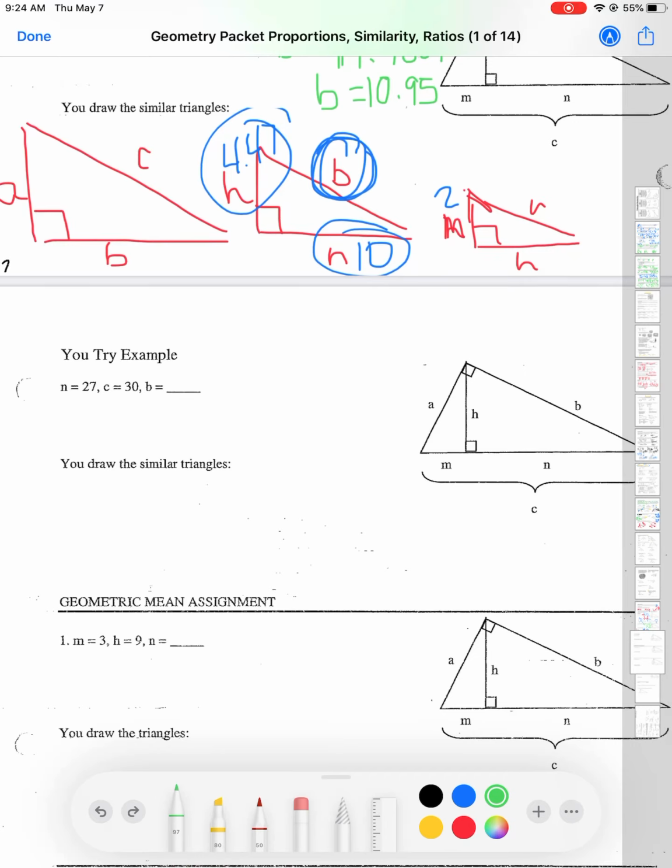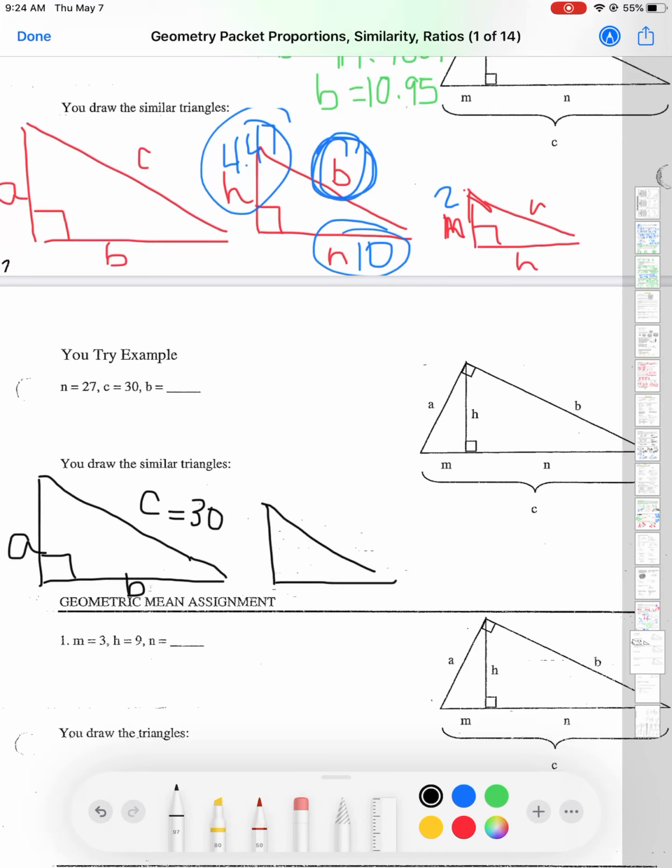Okay, then finally a You-try example. So first thing I think is helpful is to actually pull apart the triangles the same way we did. So A, C, B, and it gave us C was equal to 30.